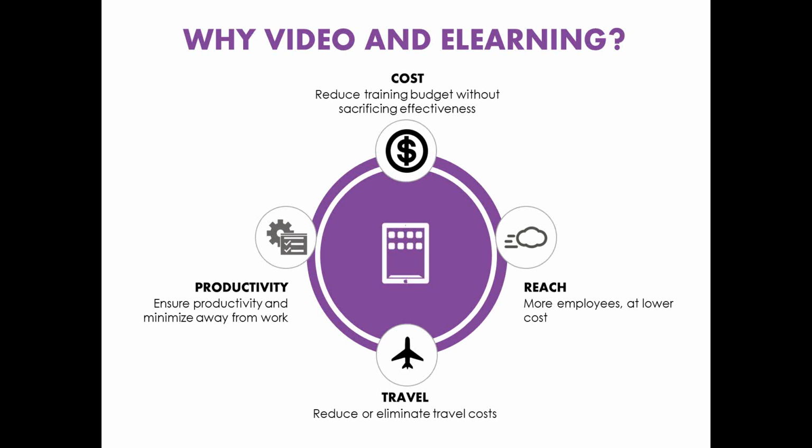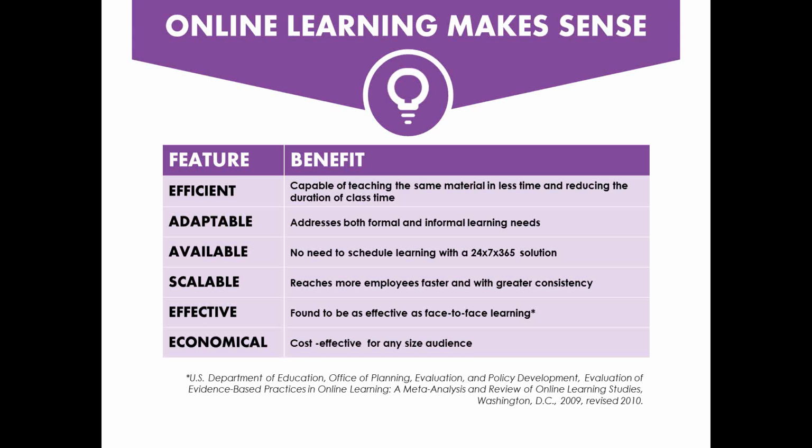Again, these are all part of these elements. And then, if you're starting to think through carefully about the benefits of online training, again, in terms of comparisons between where we are and where we ought to be, the Department of Education has released some fantastic information about the various features of online training compared to the benefits. Jessica's going to clean up a couple of slides here and repost these for us, so you're going to have access to these.